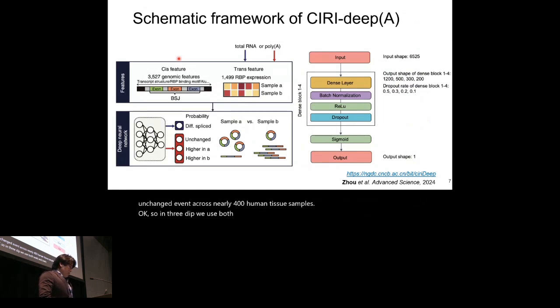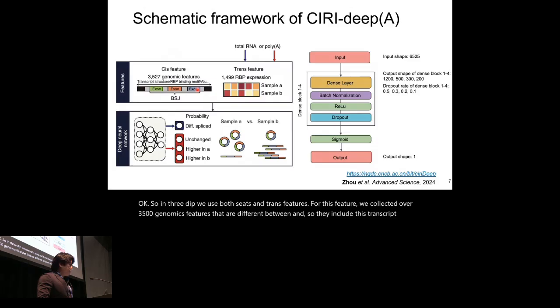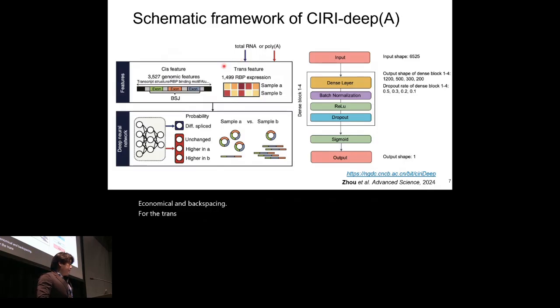For the cis features, we collected over 3,500 genomic features that are different between circular RNAs. They include transcript structure, RBP binding motifs, Alu sequences, and other cis-acting elements related to canonical and back splicing.